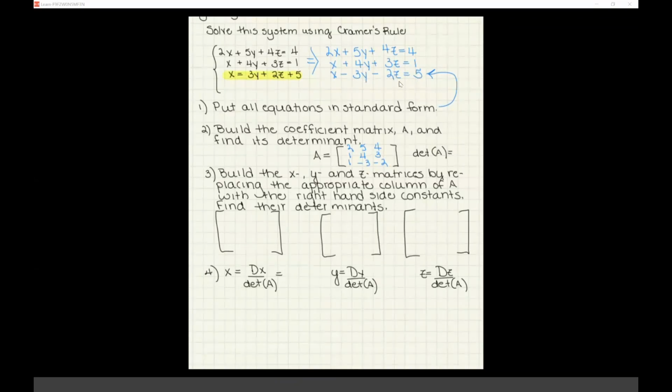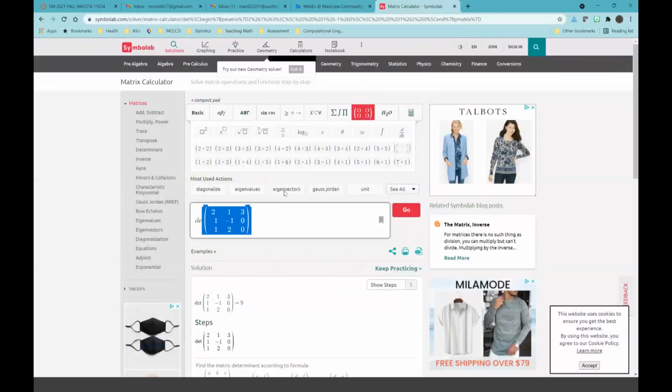Then I'm able to build the coefficient matrix, which is just everything to the left of the equal signs here: 2, 5, 4, 1, 4, 3, 1, -3, -2. Then I go over to Symbolab, put my coefficient matrix in, and find its determinant.